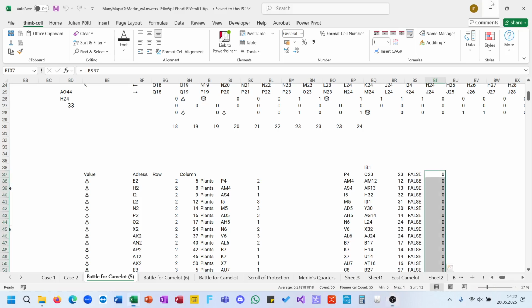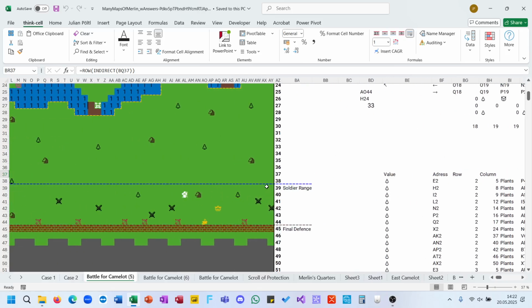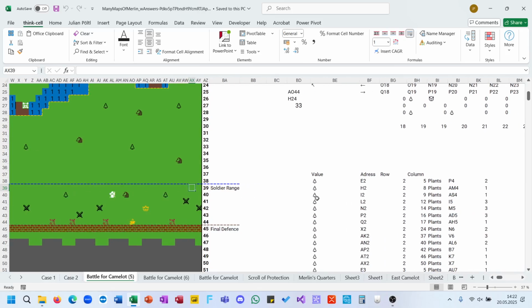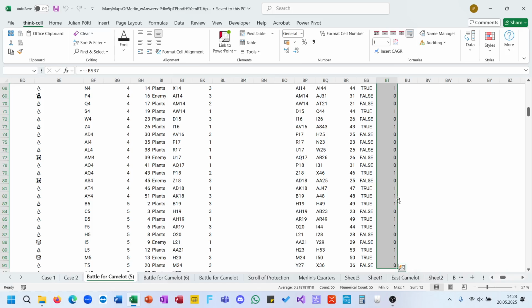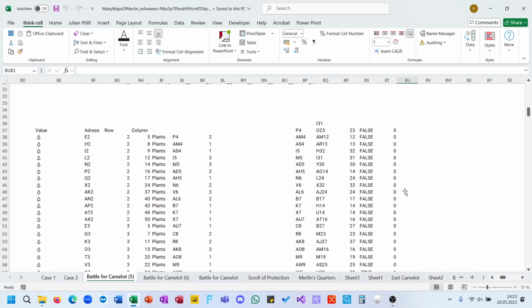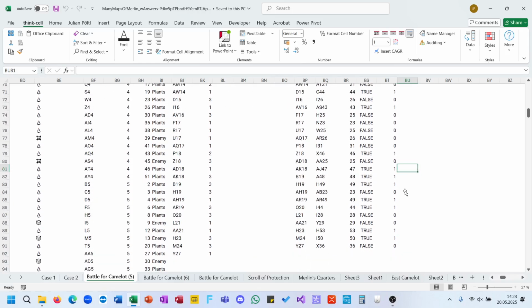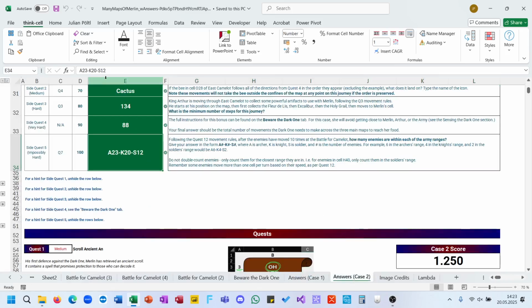Okay guys, I'm back. I've restored everything. And I've also tried here, because the soldiers range is beginning at row 39. I've started with this one, and for soldiers I'm at 12. So for those who are backed by soldiers, I'm at 12, which is actually the partial answer, so S12.